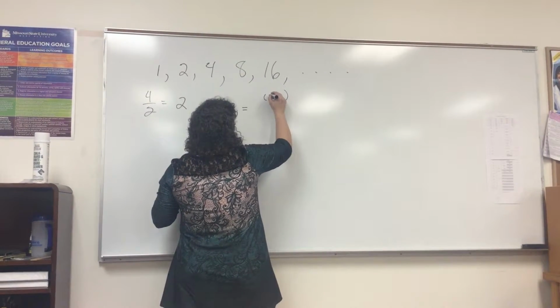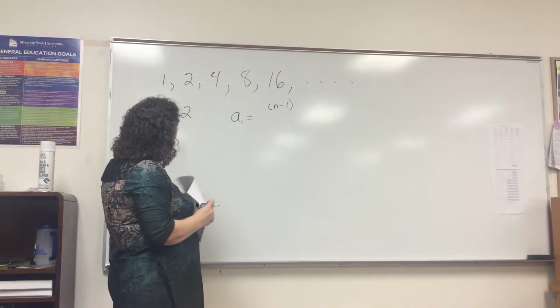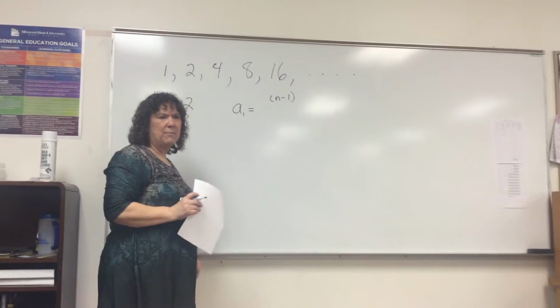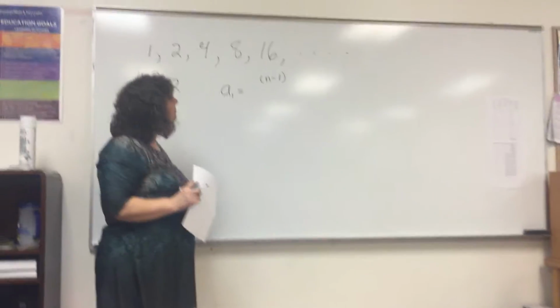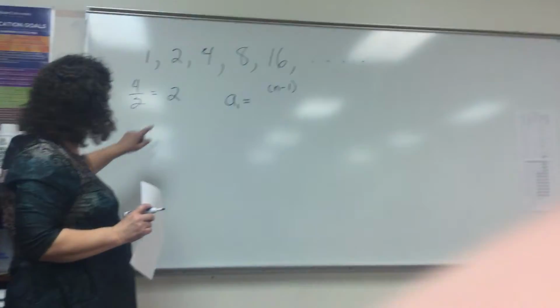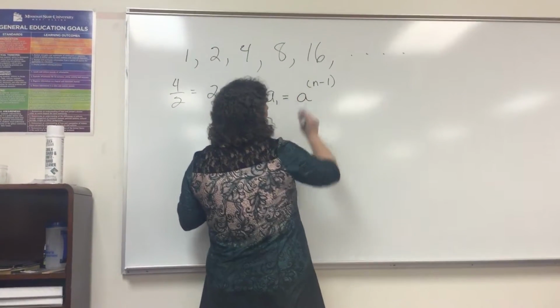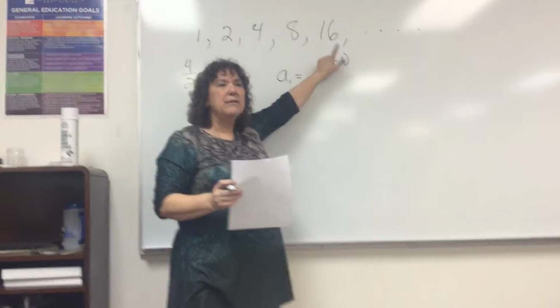So that will be n minus 1, right? Yes. Okay, now, what has to be in here, taking it to that power? It would be a to the n minus 1. Okay, yeah. Okay, now that is when we're talking about a sequence, right?